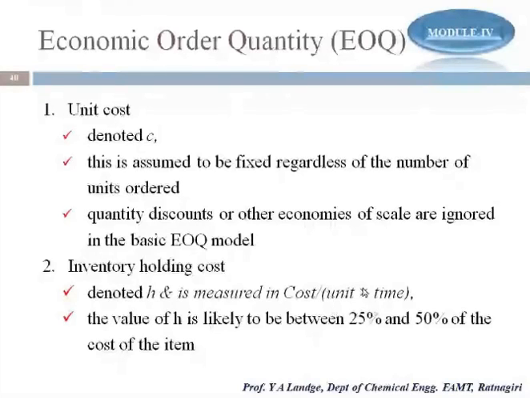Okay. And the value of h is likely to be between 25 to 50% of the cost of the item. Many times it is considered around 25 to 50%, because storing is very difficult. Okay. Because continuously you need to take care of it.